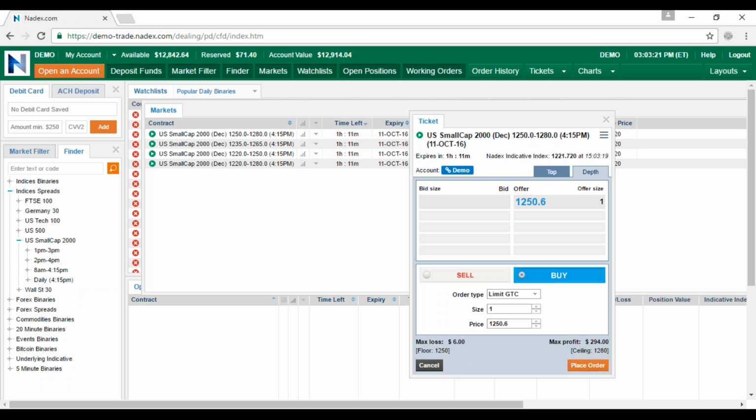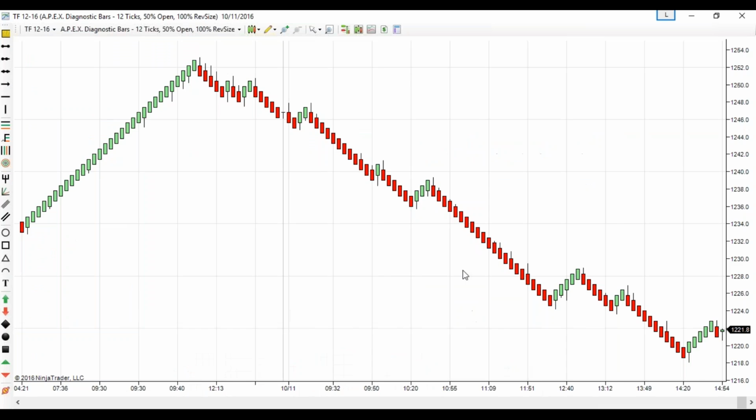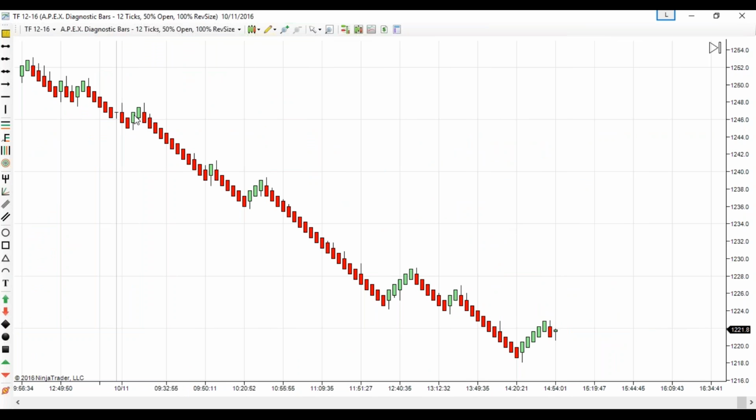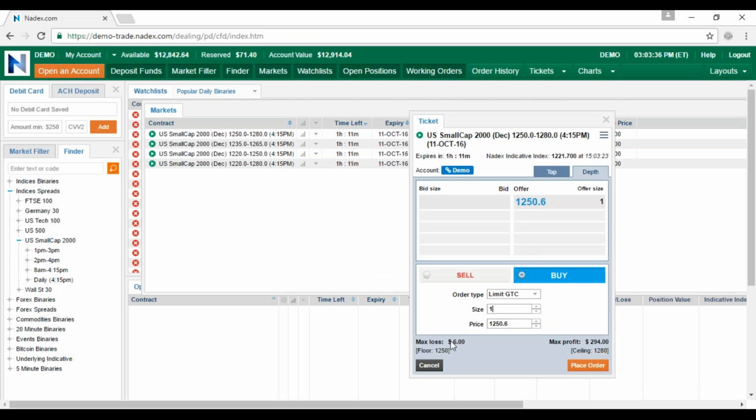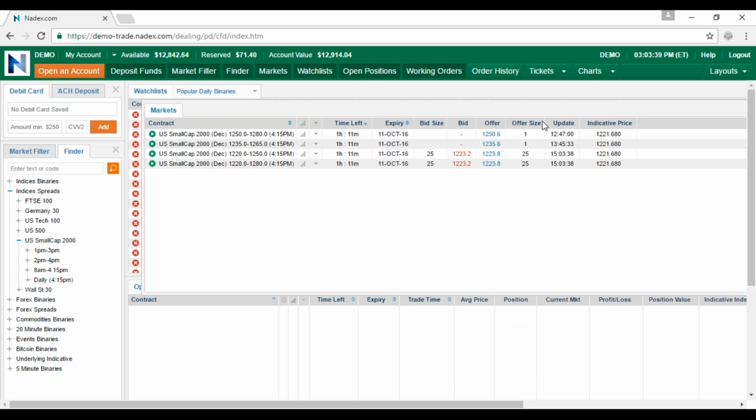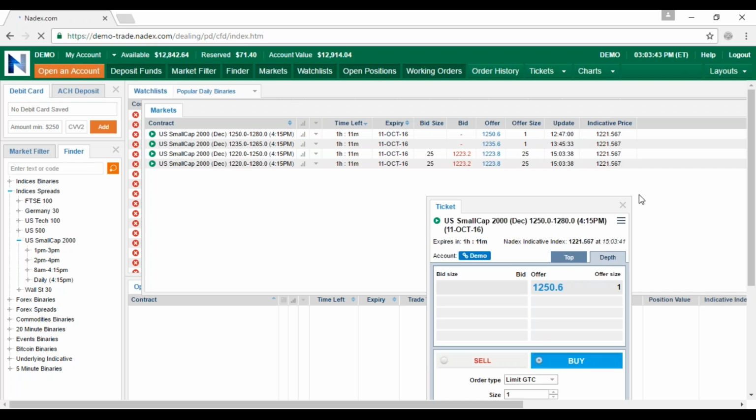Whatever strategy or system you're using, whatever indicators on your chart you're using, maybe you're saying, all right, the market came down here, looks like we're going to go up, so I want to buy. So I hop on over to Nadex, right, and I'm looking through some spreads, and I'm like, okay, I've only got to put up $6 for this spread. I like that. Now let me go down here to this spread.